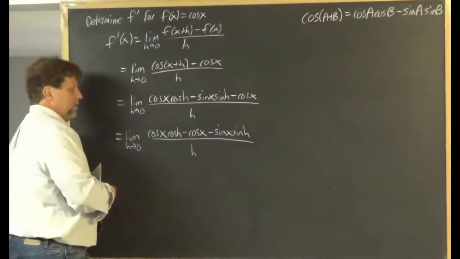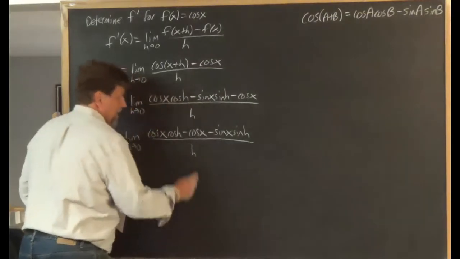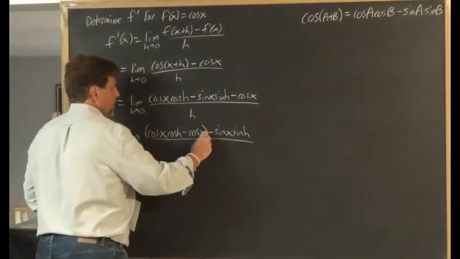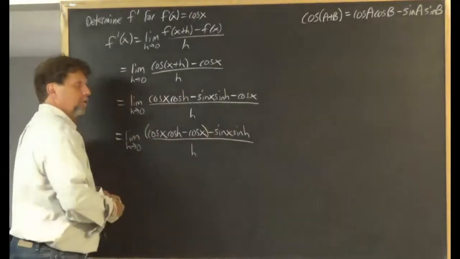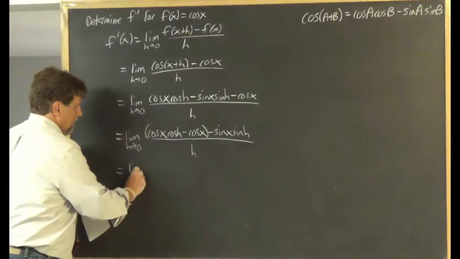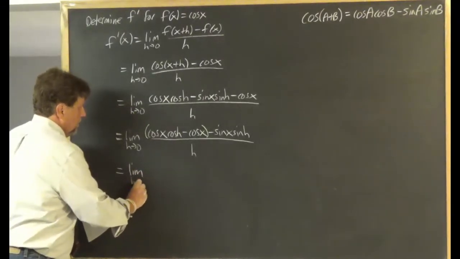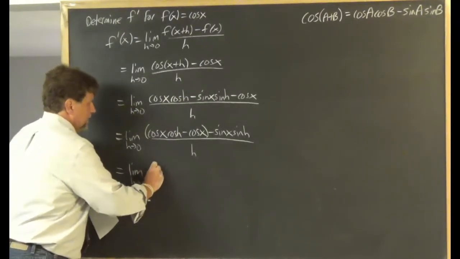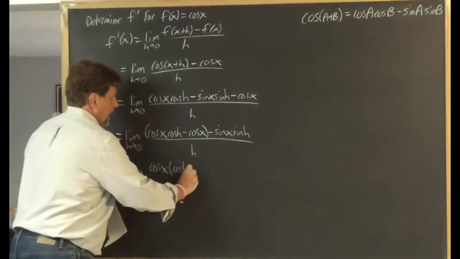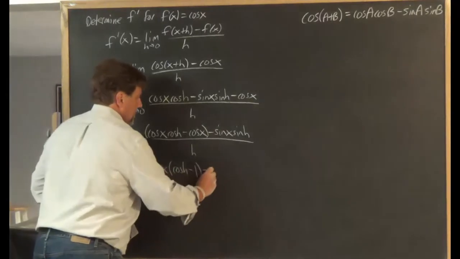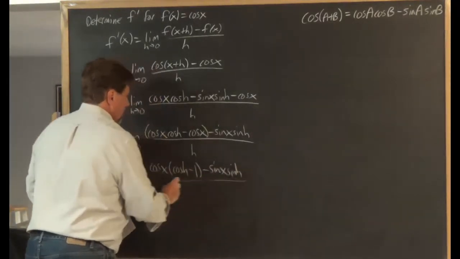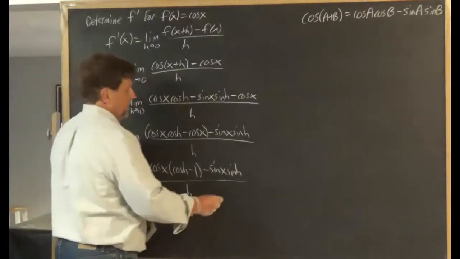And once I do that rewriting, to really make this cosine term happy, I'm going to put these first 2 terms in a group. And then once I put them in a group, I can factor out a cosine x. Leaves me with cosine h minus 1. And here I still have the sine x, sine h. And all of that is over h.